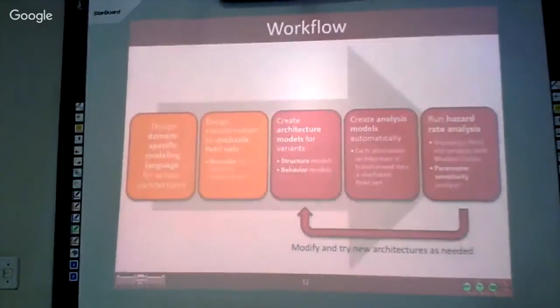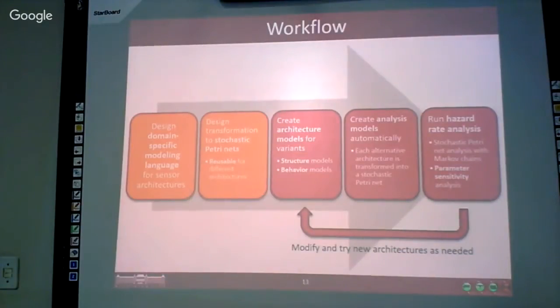So we had an architecture description language that is quite similar to what we have learned today in SysML. So mainly blocks and connections. And we provided a language for that. And we also provided automatic transformation from the design models to the stochastic models.